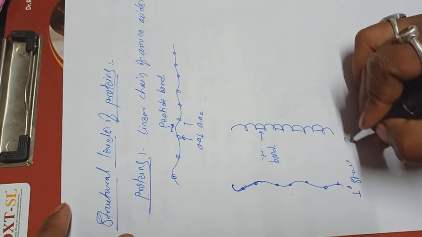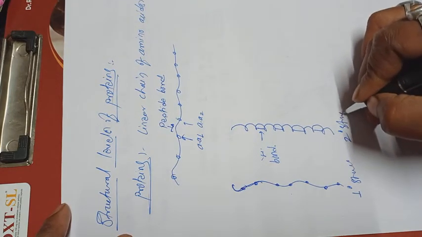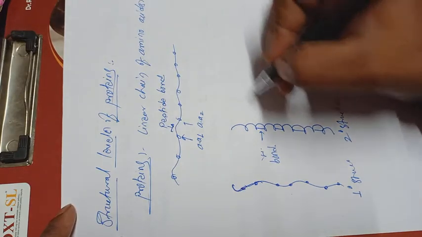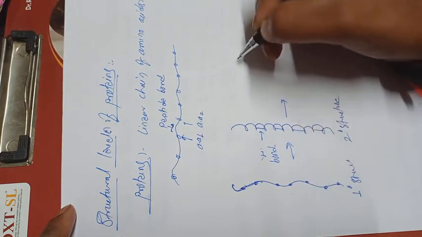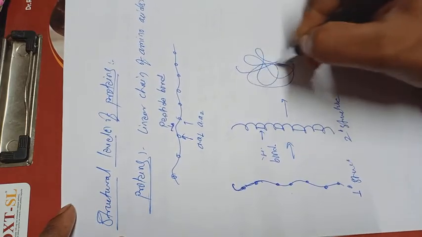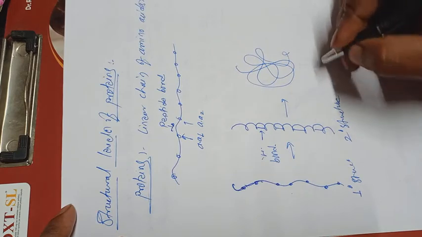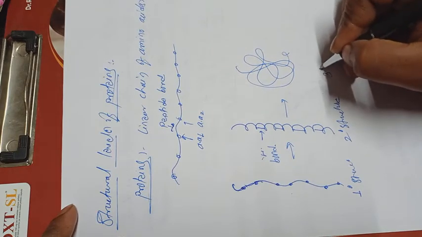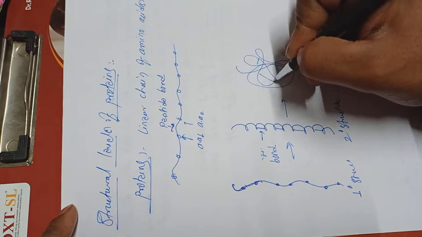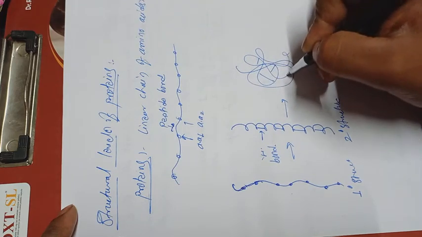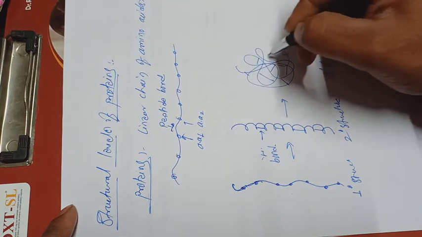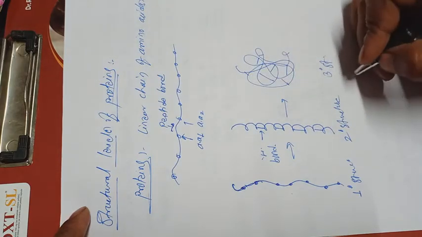This is known as a secondary structure. When the same chain is folded in a compact manner, plus different types of bonds like hydrogen bonds, ionic interactions, van der Waals forces, and disulfide bonds, these are a number of bonds.